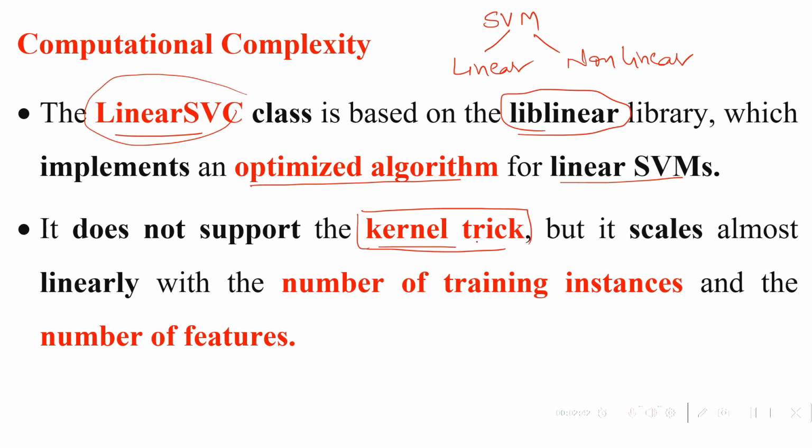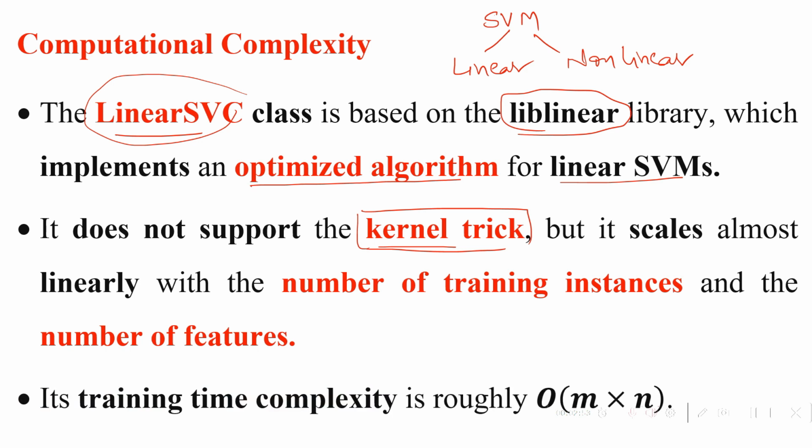There is no kernel trick applied in LinearSVC, but it scales almost linearly with the number of training instances and the number of features. Its training time complexity is roughly O(m × n), where m is the number of instances and n is the number of features.